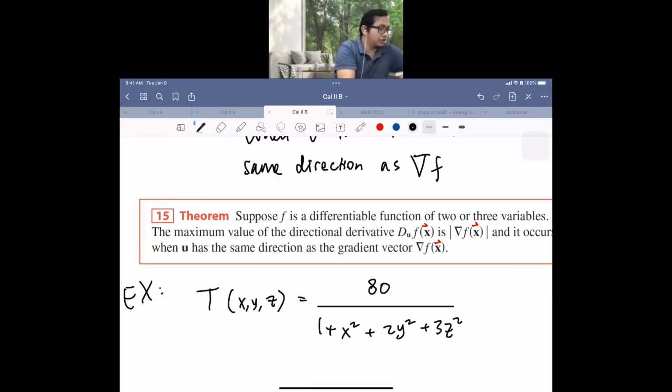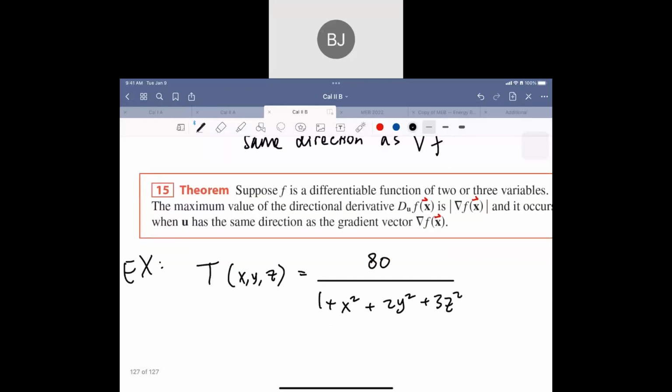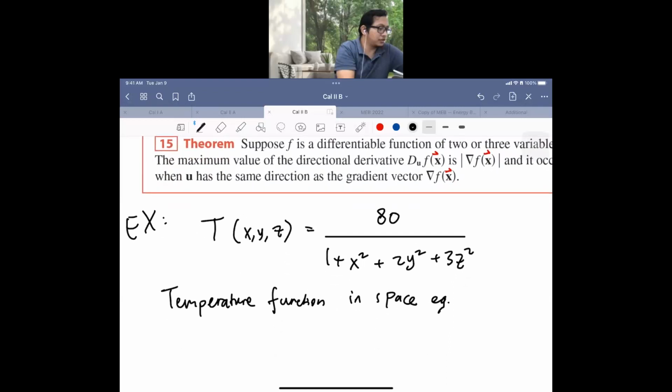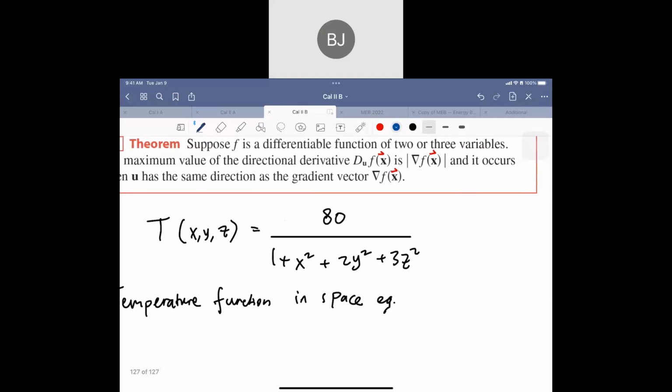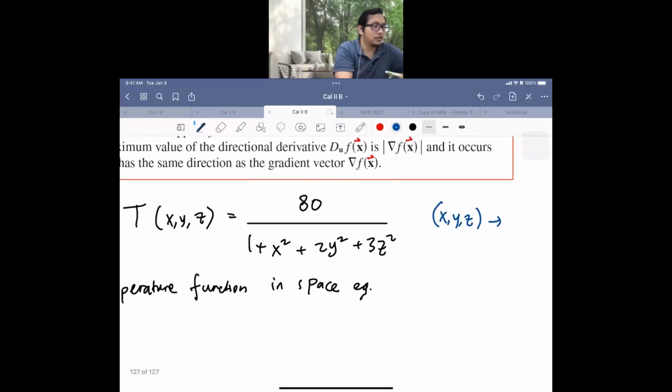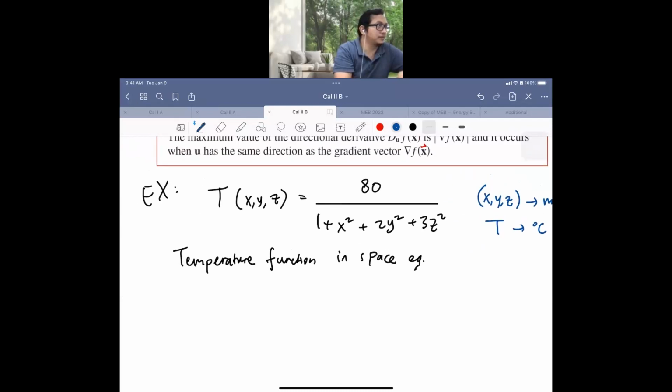This is a temperature function in space, where x, y, z are in meters and T is in degrees Celsius.